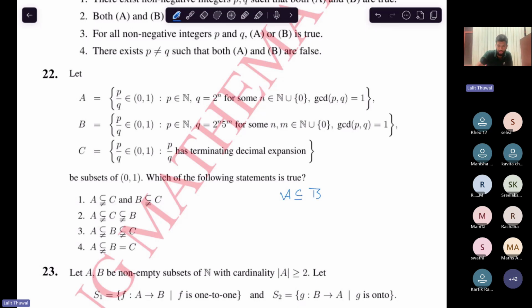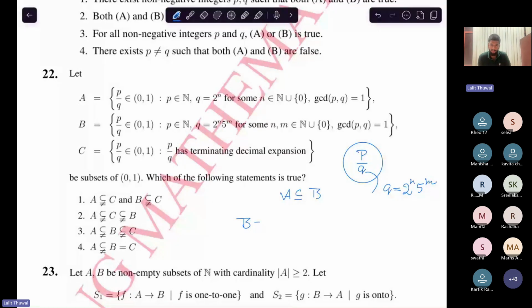You must have seen this fact before in your 9th or 10th standard: a rational number P by Q has a terminating decimal expansion if and only if the factorization of Q is like this, that is, it is not divisible by any prime other than 2 or 5.